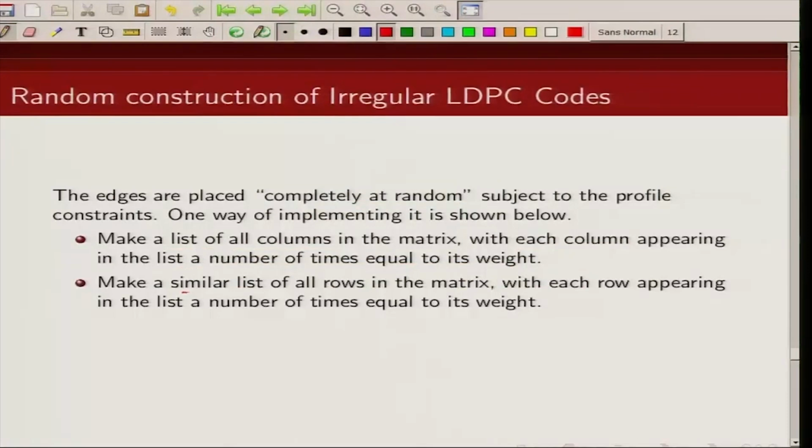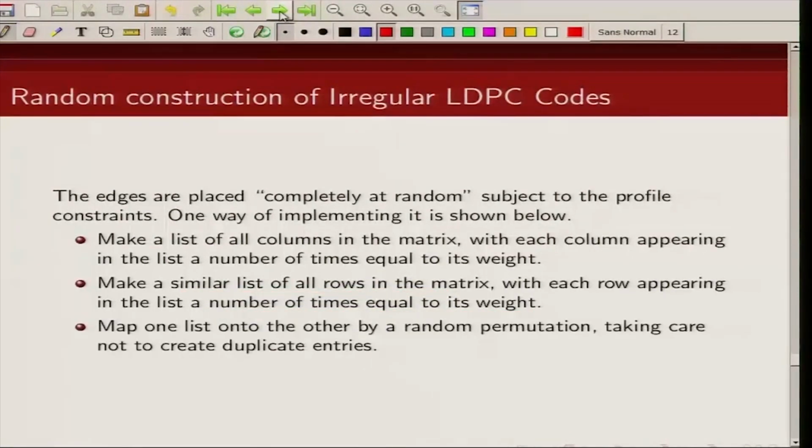Similarly, you make a list of all rows in the matrix such that each row is repeated equal to its weight, and then you map one list, which is the list of columns, into the other list, which is the list of rows, by random permutation, making sure that there is no duplication.